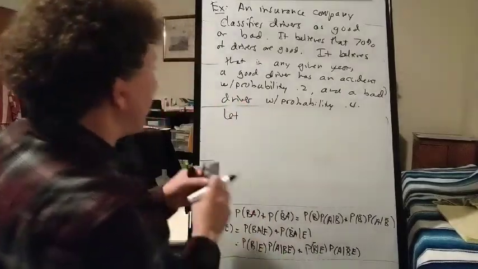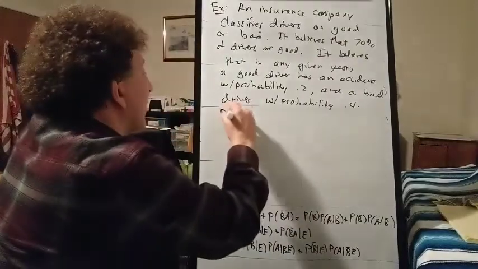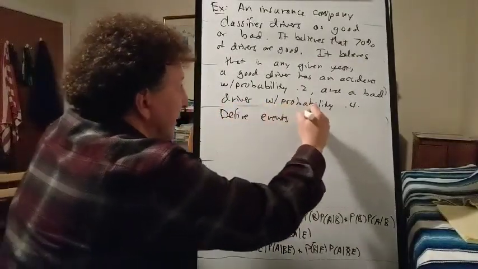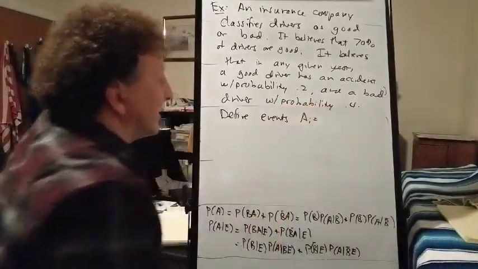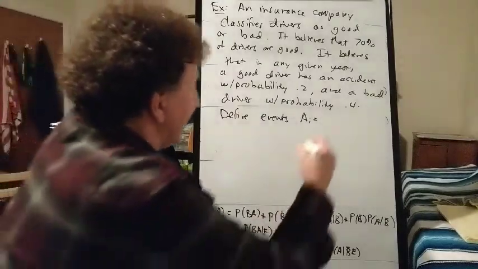So let's define some events here. Let A_i be the event that a driver has an accident in year i.